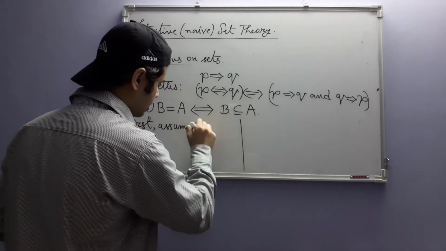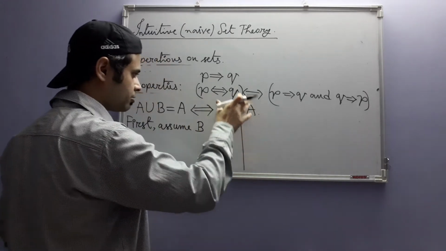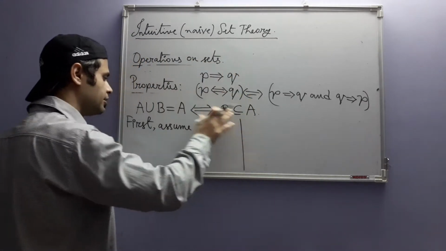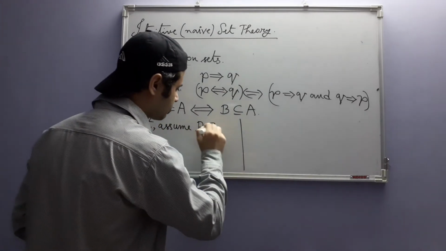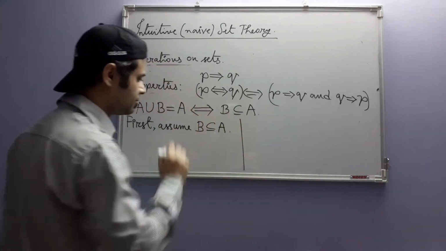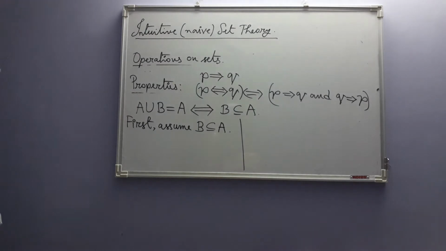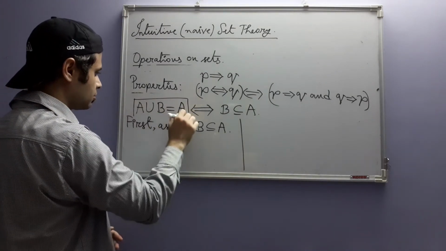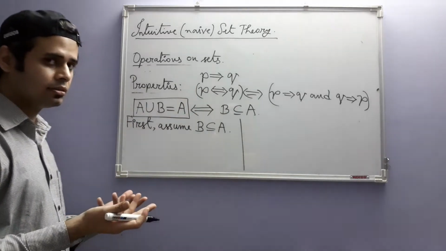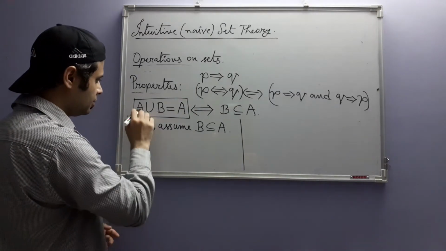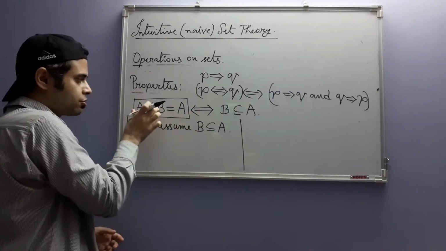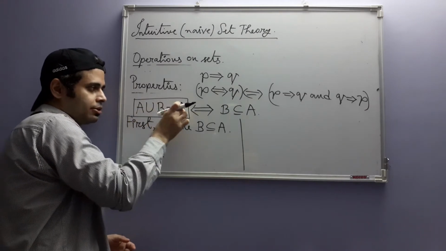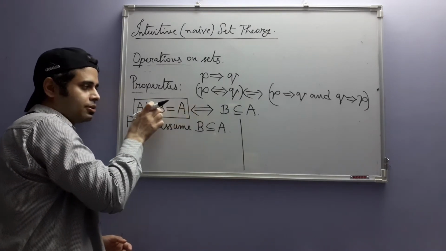So we assume this one. That means we are first proving this one implies this one. B is a subset of A. Okay. So now I have to prove this. And here, what do I mean by proving this? I have to show that this is a subset of this and this is a subset of this.